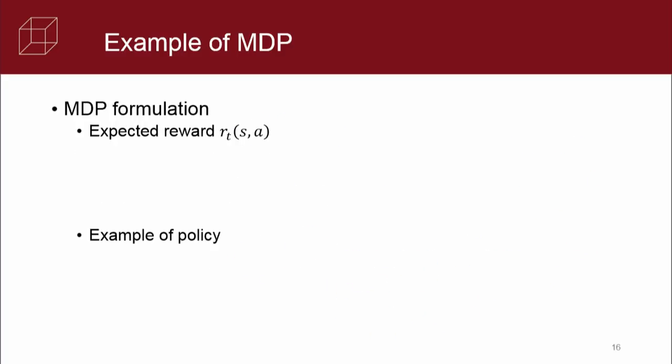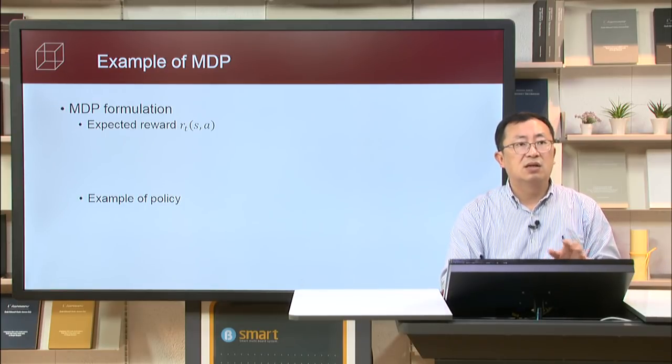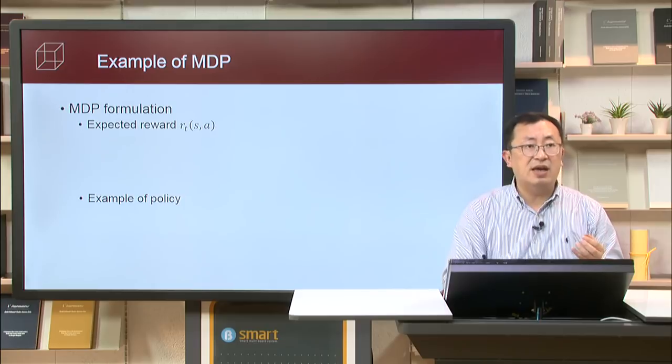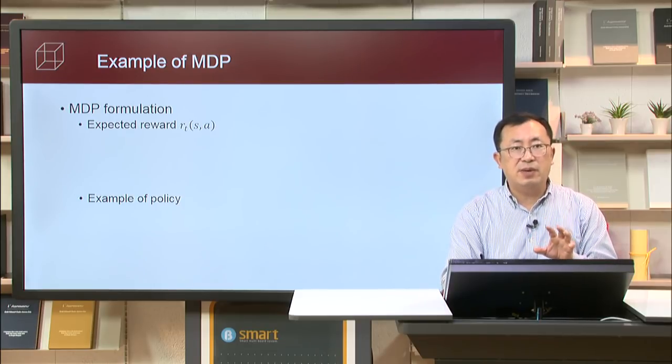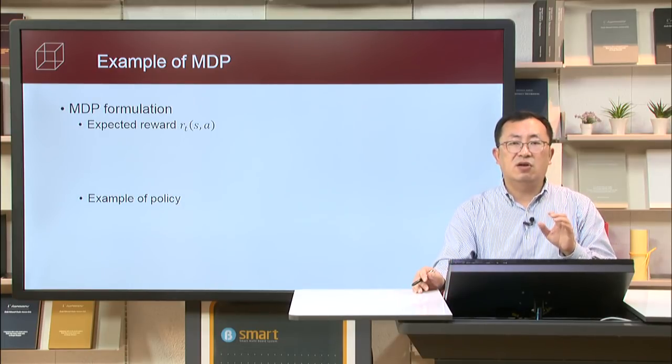All right. So how can we formulate the reward? So reward r_t(s, a) is the expected immediate reward. And in this example, the reward must be the expected profit earned in month t.